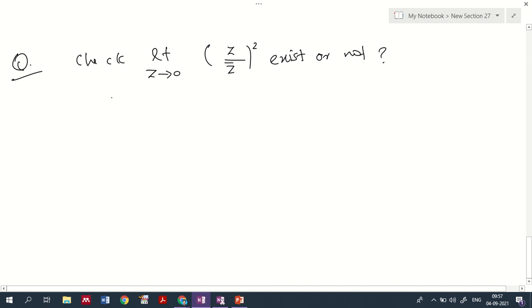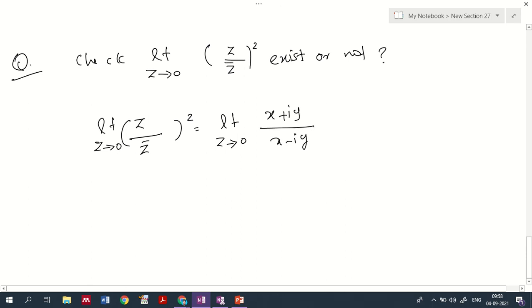Here also you can do the same way, that is limit z tends to 0. So what is our z by z bar? I can represent z by z bar as the limit z tends to 0 of (x plus iy divided by x minus iy) the whole square. Okay, so I can represent it like that.